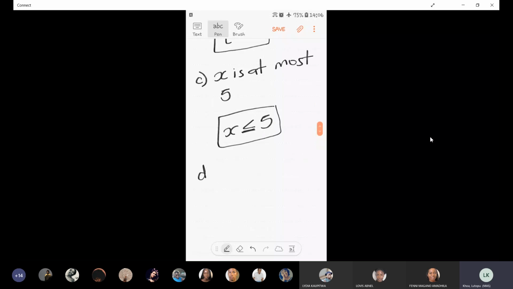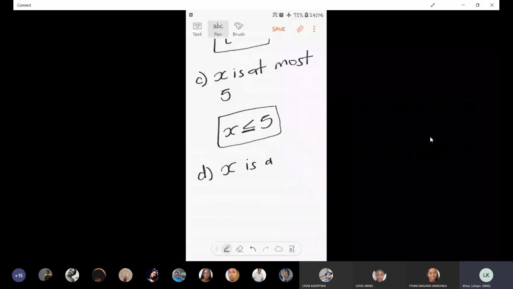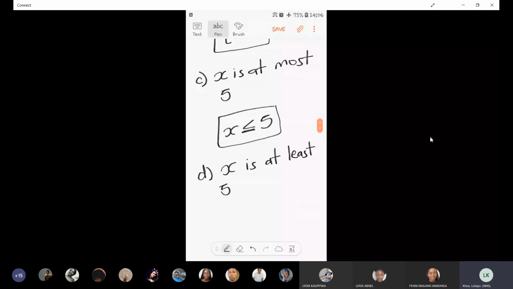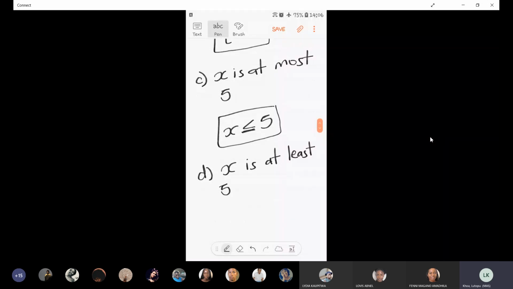Then the next one is x is at least 5. Okay, so if x is at least 5, that means 5 is the minimum. That is the least amount. Just like you say the least that you can do, that is the minimum that you should do.